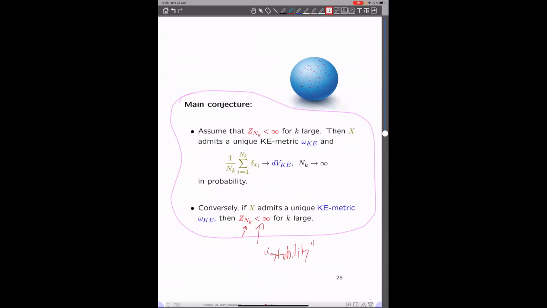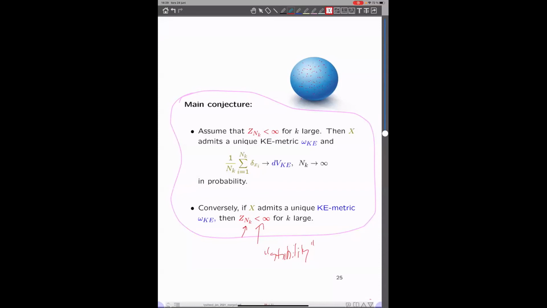So my main conjecture now, a probabilistic analog of the Yau-Tian-Donaldson conjecture, is that if we assume that the normalizing constants are finite for k sufficiently large, so that my probability measures are well defined, then X will admit a unique Kähler-Einstein metric.